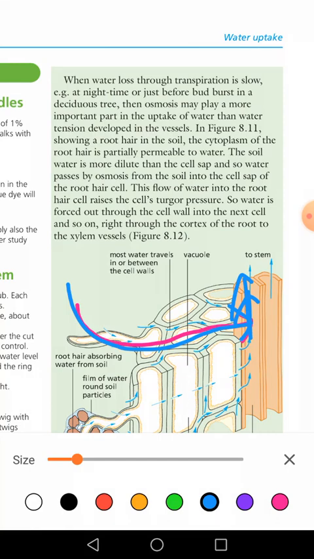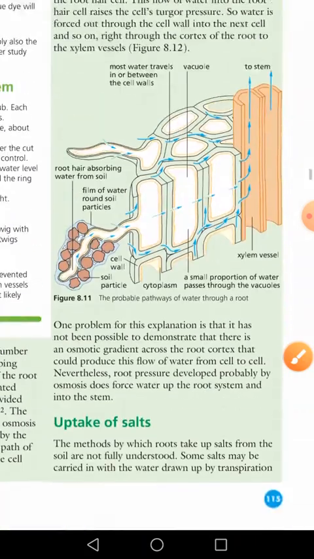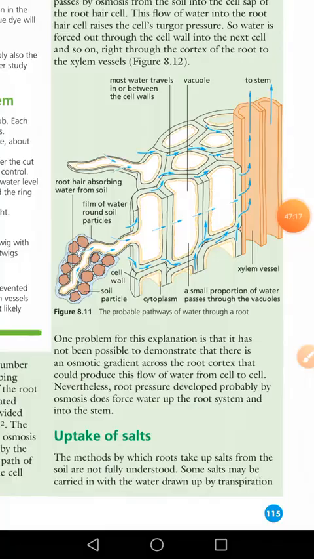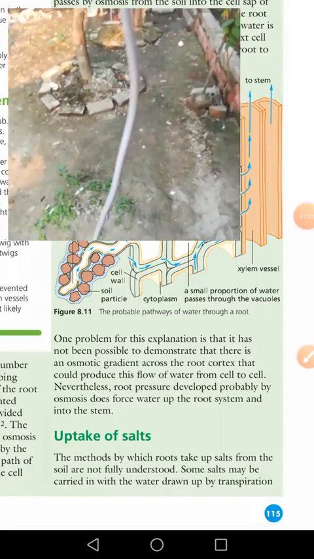This pressure inside the xylem due to water entry from the root is known as the root pressure. Root pressure is basically sufficient to transport water along the xylem vessel in very small plants, but if you talk about large plants, let me show you some small and large plants.